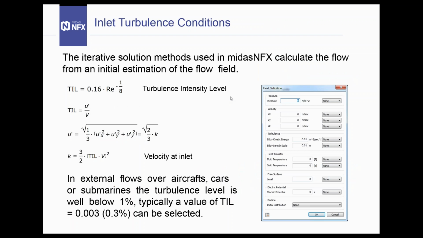So it was all about the near-wall treatment, which was a very important step after choosing the turbulence model. The next step refers to the turbulence conditions, inlet turbulence conditions, or even initial conditions.